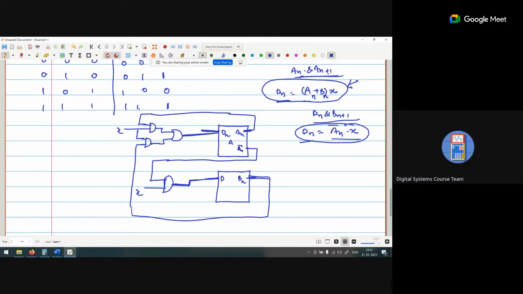Any doubts? Now you understand where we require the excitation table. We require the excitation table for Dn equation.